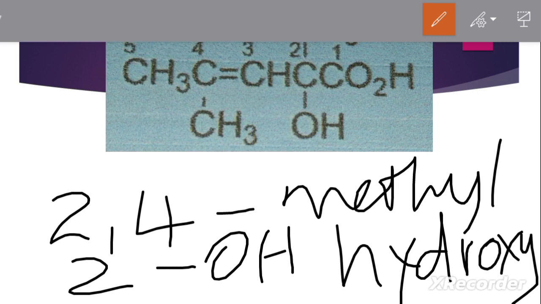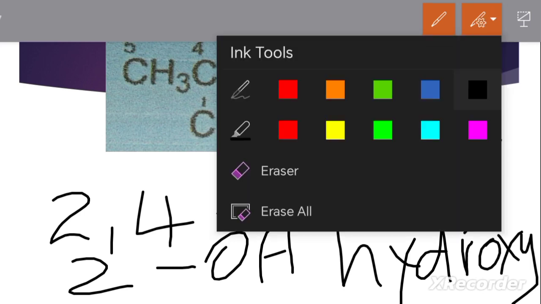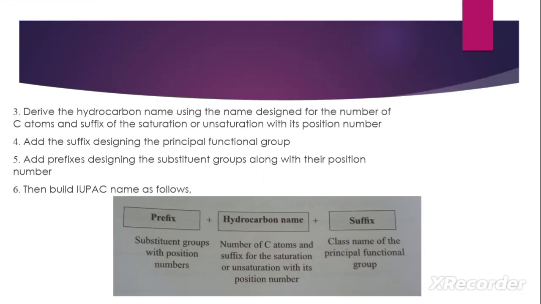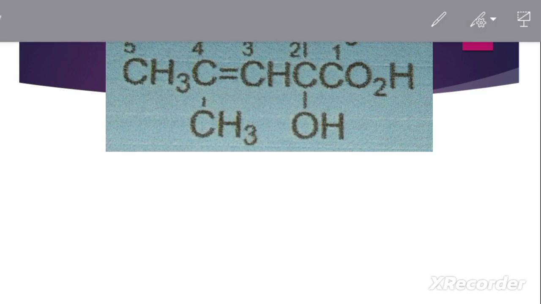So we can compose the name after knowing these things. Then build the IUPAC name as follows. Substituent groups with position numbers are placed first.